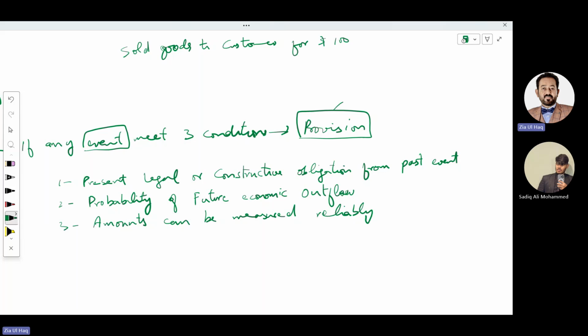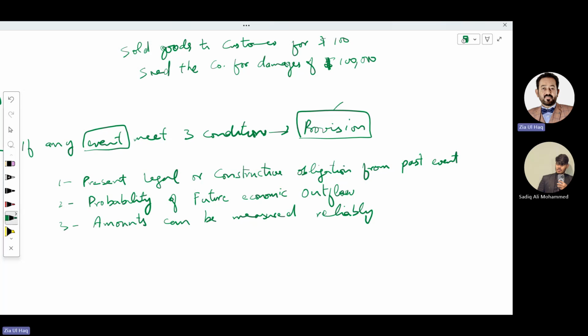But those food items were expired. The customer used those products and suffered serious health issues. And now the customer has sued the company, filed a case against the company for damages of $100,000.